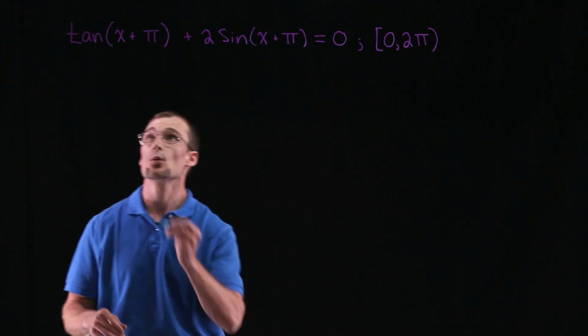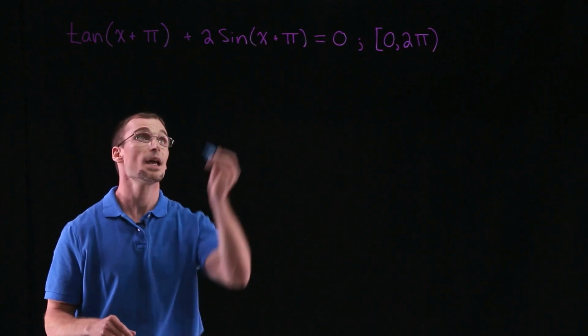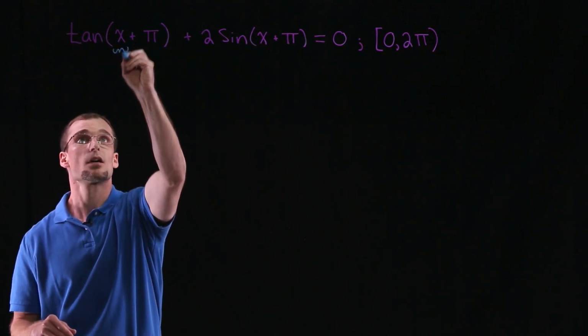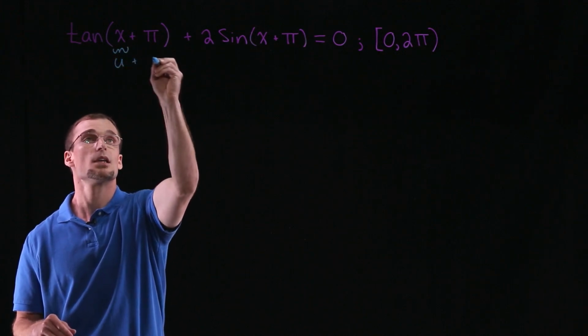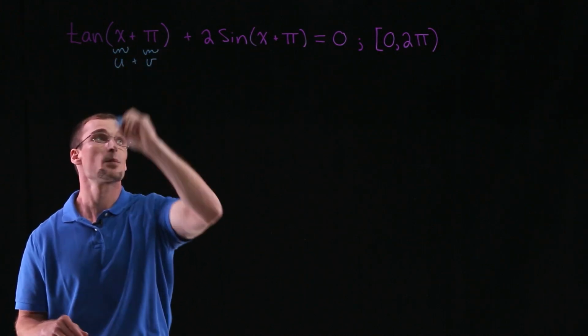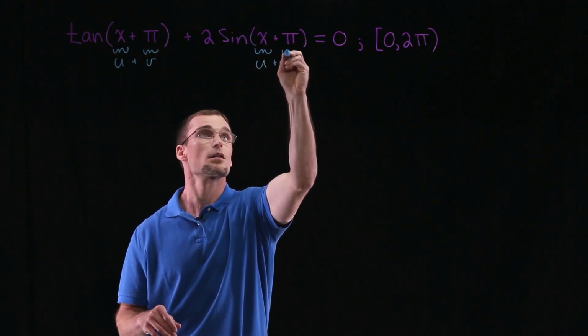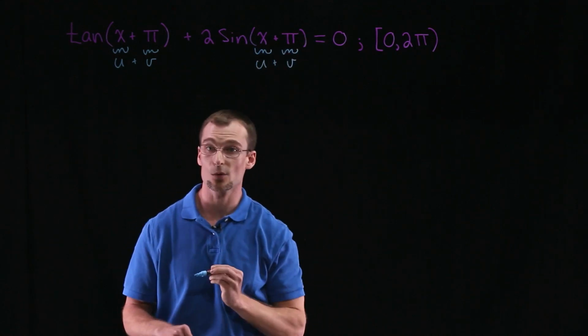Taking a look, we have tangent of x plus pi and sine of x plus pi. So we see the same angles, say u plus v, occurring in both.